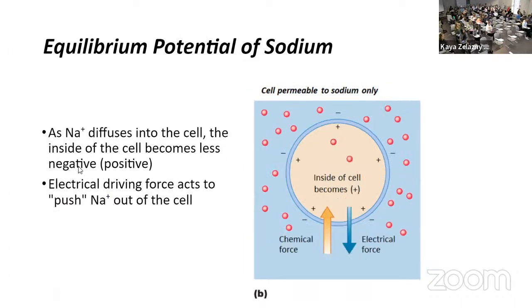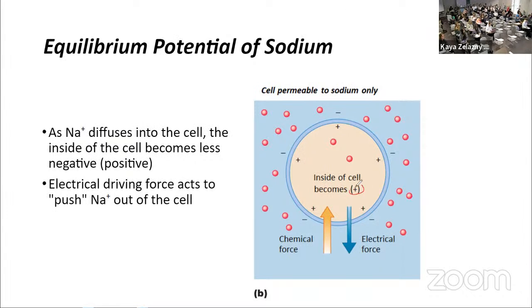However, as sodium diffuses into the cell, it becomes more positive, right? Because we start to collect those positive charges. So it would go up and up and up. As the inside of that cell becomes positive, like charges repel each other.